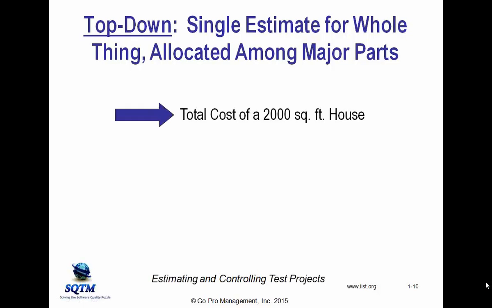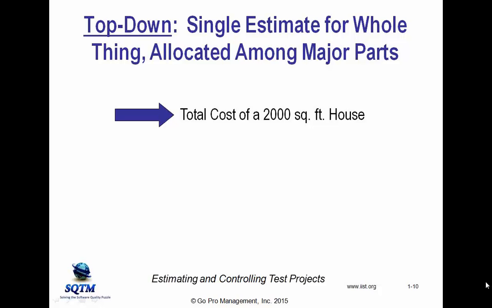Top-down, okay, where we make a single estimate for the whole thing and then we allocate it among the major parts. Now, a few minutes ago we used the example of building a house. Any of you who are familiar with house construction know that contractors routinely estimate based primarily upon square footage of the house and then adjust that based upon the style of the house and the type of materials that are going to be used and degree of luxury and things like that.